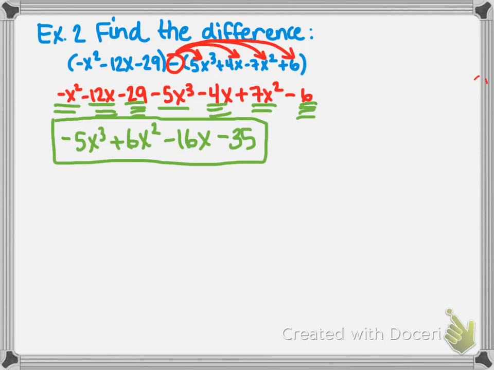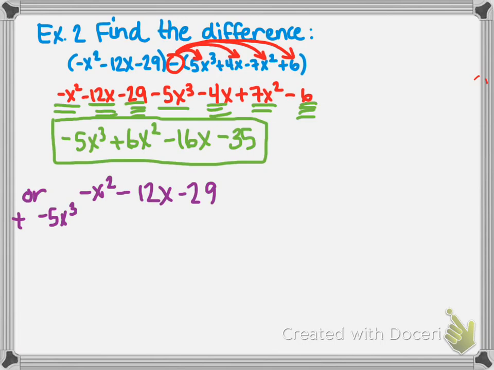So looking at this vertically, write the first polynomial, negative x squared minus 12x minus 29. I'm going to apply the negative, the minus to all the terms in the second polynomial, so I'm putting a plus, and then line them up.